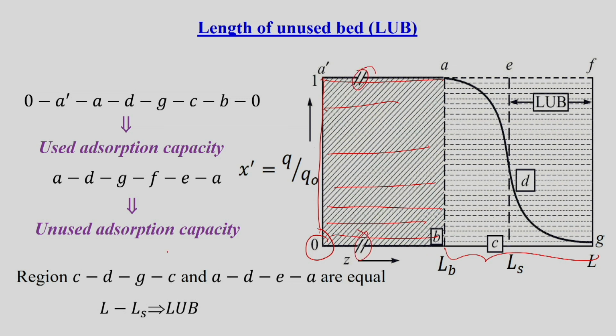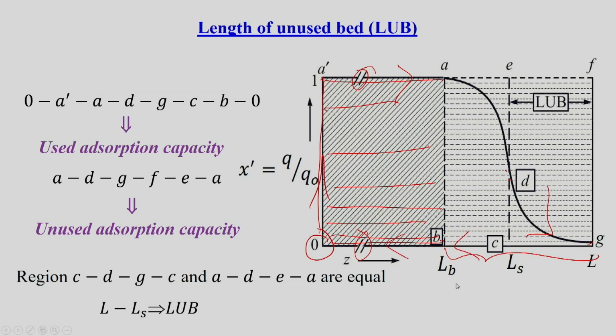We can extend this, maybe it is a big portion; it depends on how long the bed is. So, from A prime to A, then to D, then to G, then B to 0. Let us take this route like this way, this way and this way.